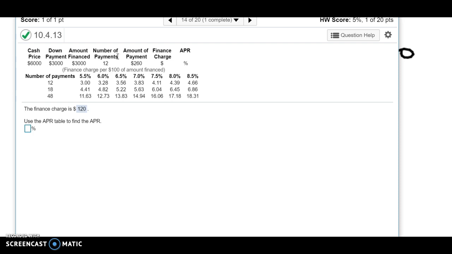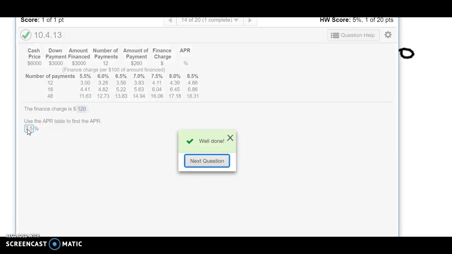And we see that 4.11 is closest to it. So then the APR is in bold above that column, or row, excuse me, which is 7.5% APR. And that's how you answer number 13.